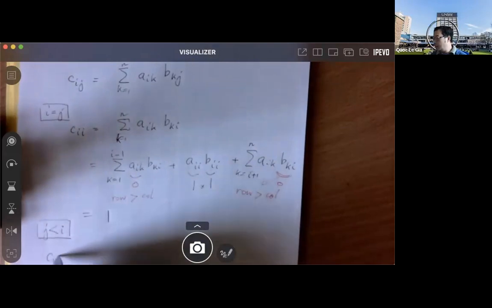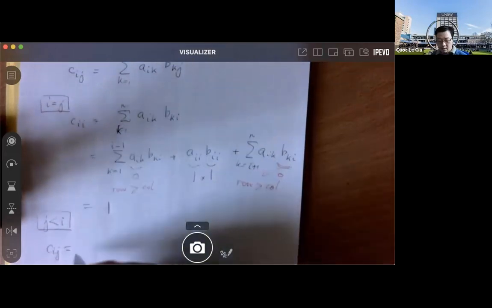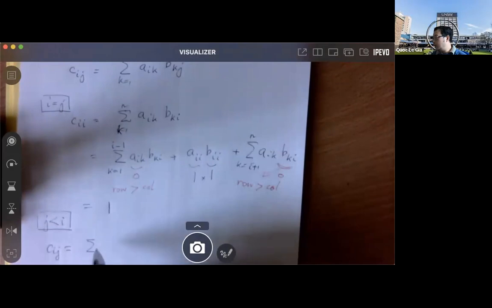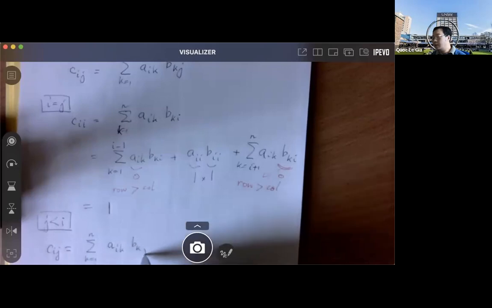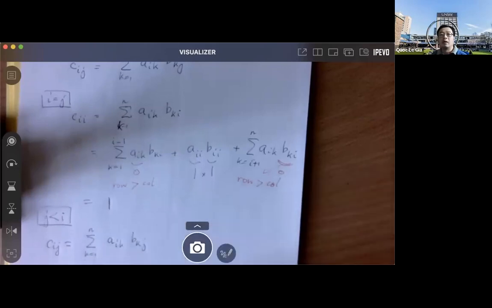Now Cij is just a sum, remember, from k equals 1 to n, of Aik Bkj.